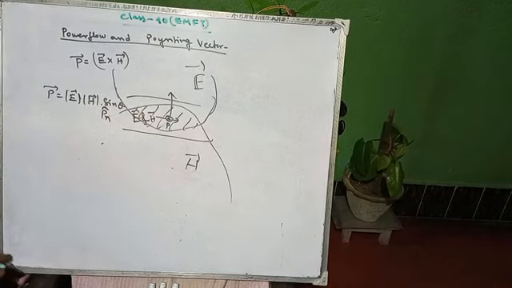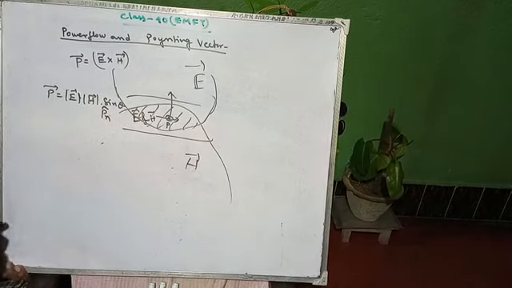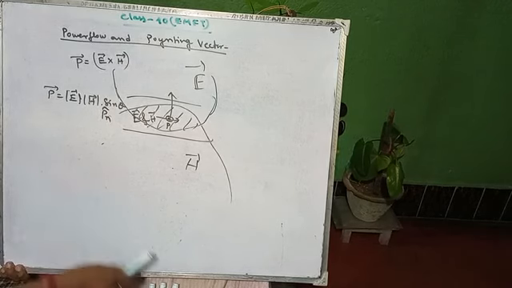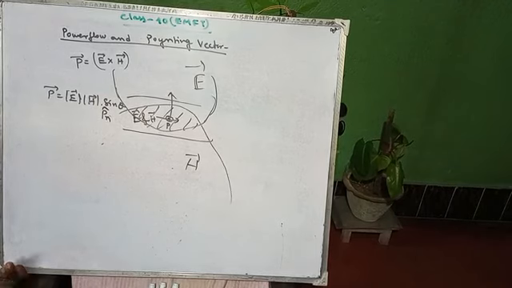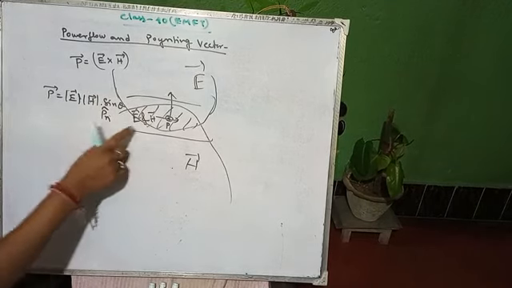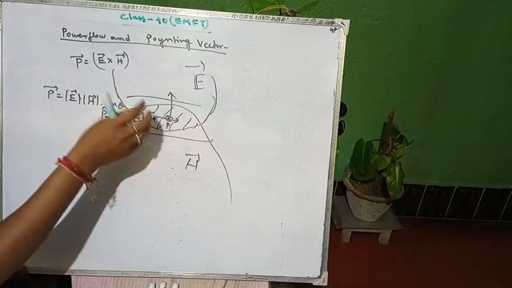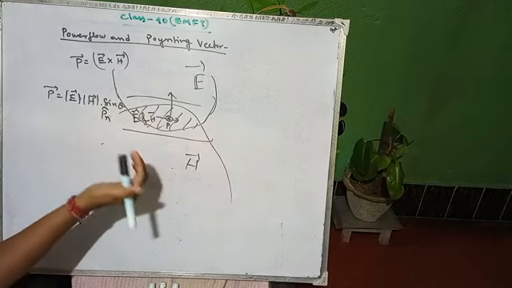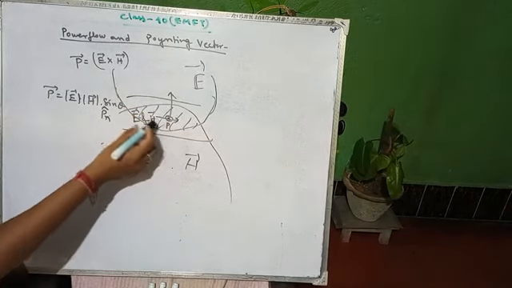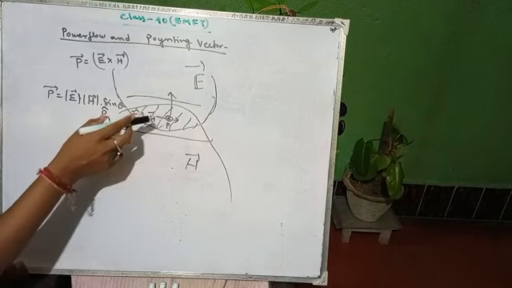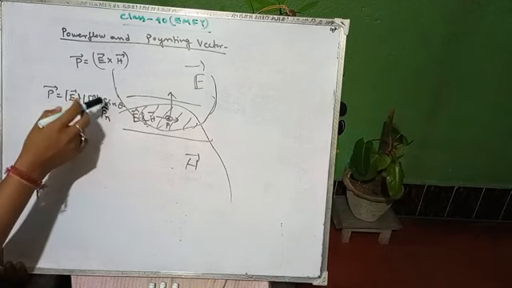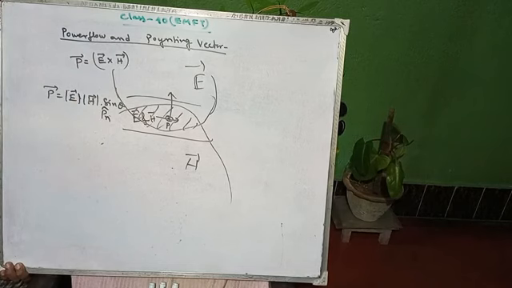The perpendicular is in the direction of the unit vector which is perpendicular to both E and H at the point. Whatever the directions of E and H at that point P, you have to find the direction perpendicular to both E and H, and in this direction your Poynting vector will act. So the P vector equals E H sin theta P_n cap. This is your Poynting vector.